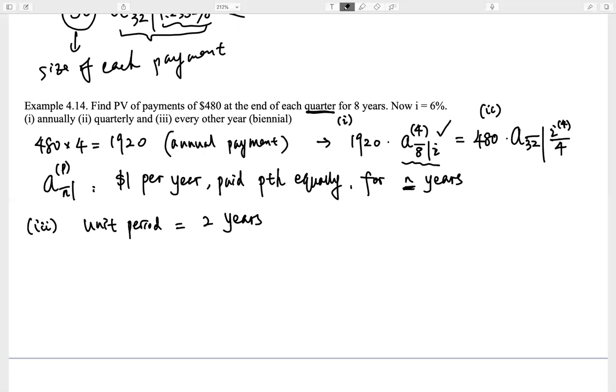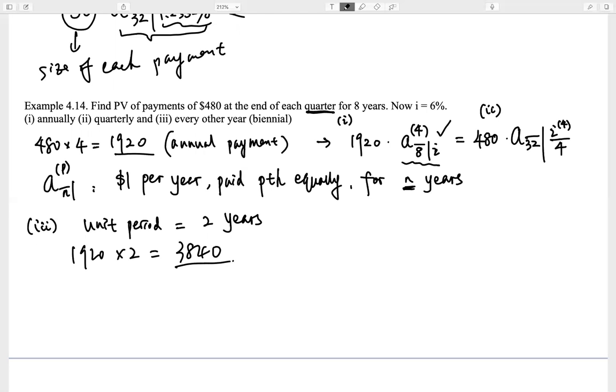The first thing we need to figure out is the payment per unit period, right? We know 1 year is this amount, now it's 2 years, so the amount would be this times 2.